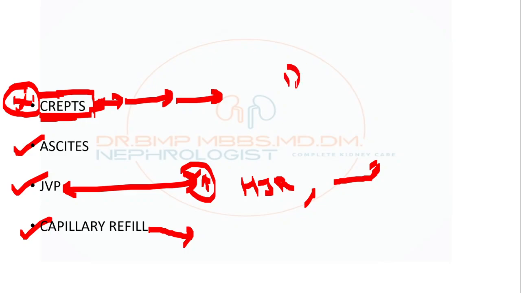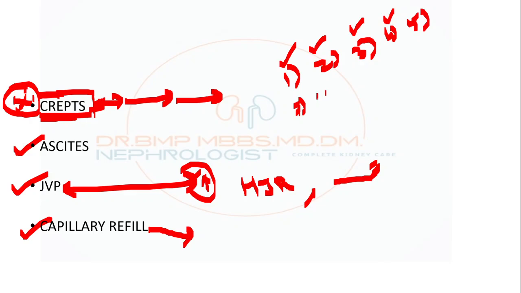So in the examination, we have seen 8 parameters: BP, pulse, edema, mucous membrane, axillary sweat also you can say. Then crepitation, look for any kind of overload in the form of ascites, anasarca, capillary refill and JVP.